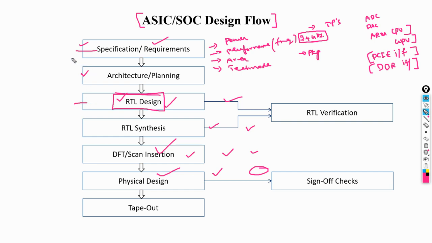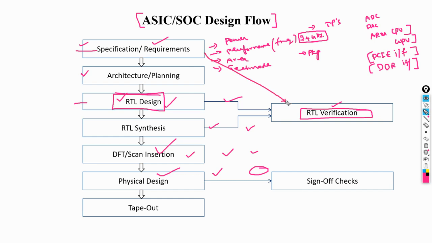Now, who's going to verify that whatever code someone is writing here is meeting the specification or requirements? That is the time where your RTL verification team comes into the picture, and they go and verify the RTL that is written by the RTL design team against your spec.